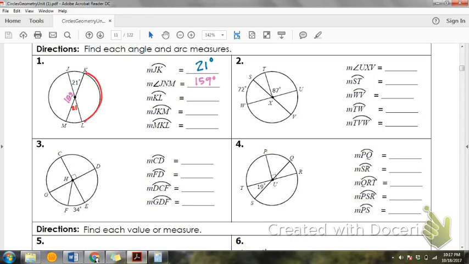Well, we know that we have vertical angles, so if that side J and M is 159, then K and L is also 159. And you see that opens up to arc KL. So arc KL is also 159 degrees.